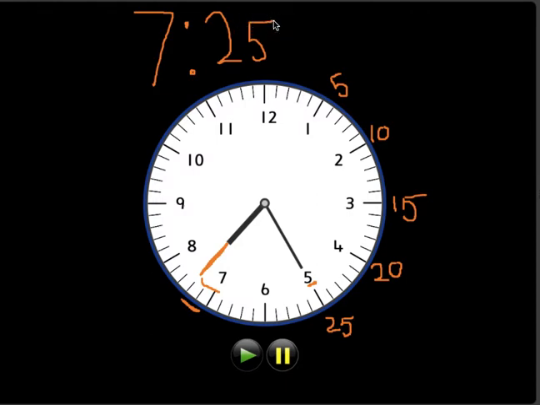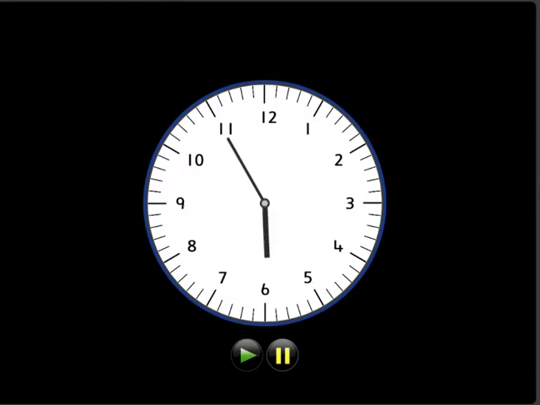7:25. Let's do one more. Okay, so this one is trying to trick us a little bit, but we're not going to let it trick us. First step is to find where the hour hand is pointing. If you look at it really quickly, you might think it's pointing at the 6. But if we're being really careful, we see it has not quite touched the 6 yet.